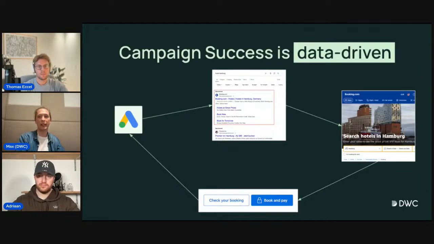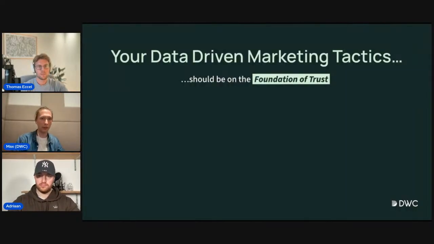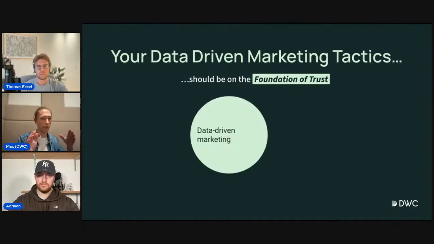So we've learned that opt-ins are important. Data is important. We're still in the era of data-driven marketing. Don't get me wrong. The more data we can use, the more data we can feed into our algorithms, into our analytics tools, now also into our AI tools, the better the results at the end.